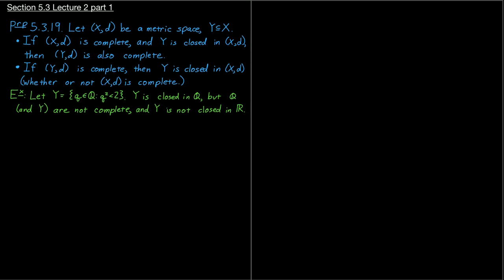And conversely, let's consider the interval from 2 to 3. The interval [2, 3] is closed in R, so it is complete.